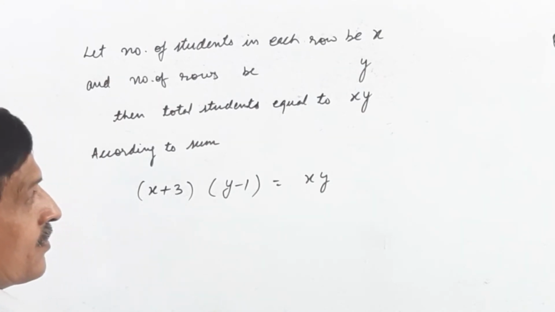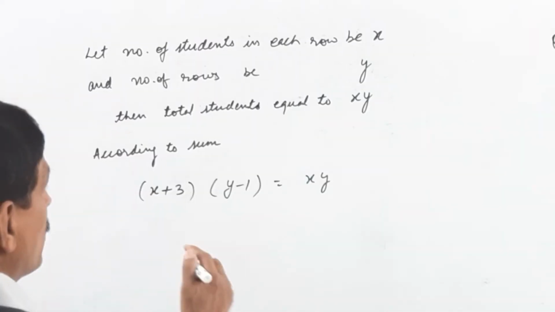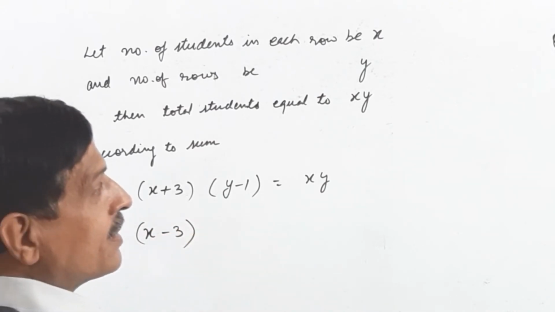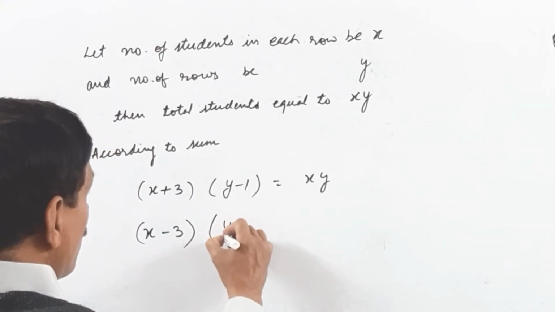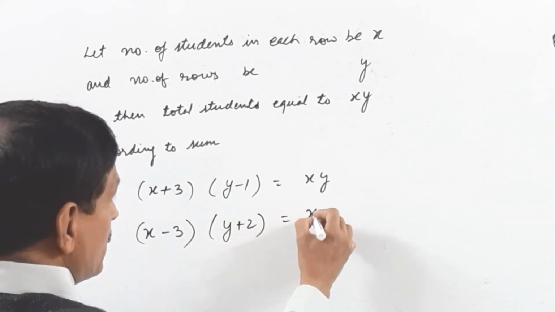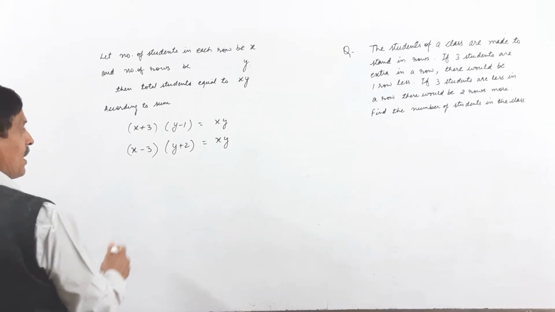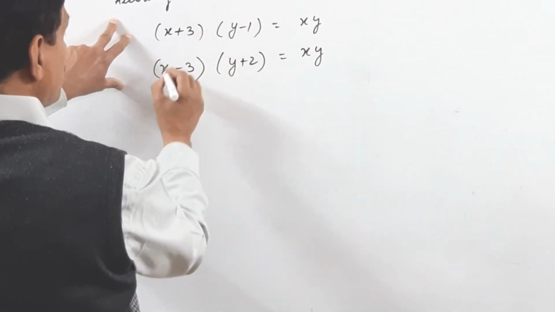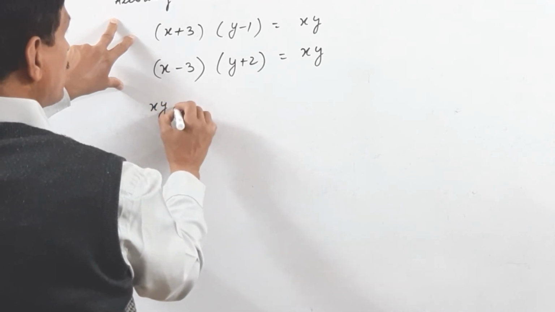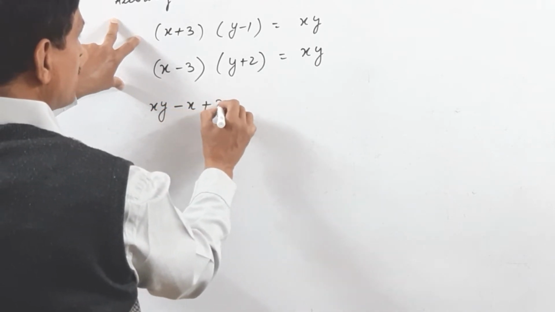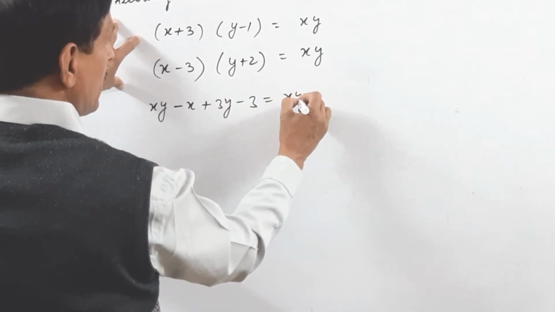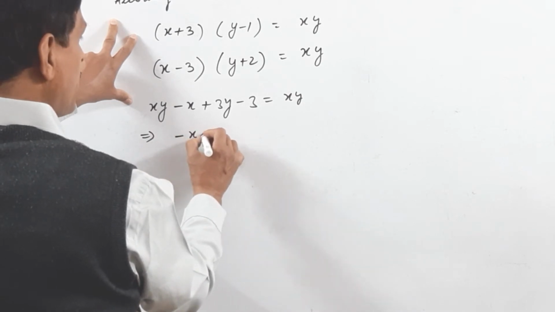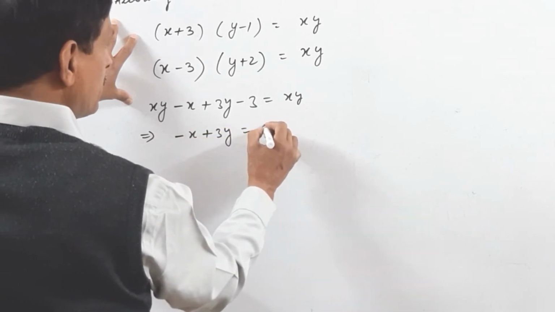Second condition, if 3 students are less in a row, that is x minus 3, there would be 2 rows more, y plus 2 equals to xy. Multiplying and opening the brackets, the first equation becomes xy minus x plus 3y minus 3 is equal to xy, implies minus x plus 3y is equal to 3.